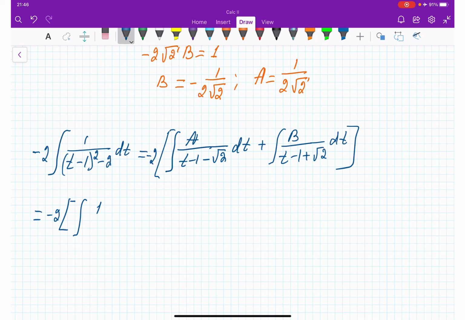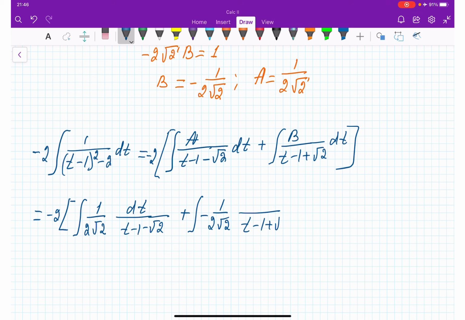My A is 1 over 2 square root of 2, right? And I have here t minus 1 minus square root of 2 dt plus b is negative, integral negative 1 over 2 square root of 2 over t minus 1 plus square root of 2, right? And dt.